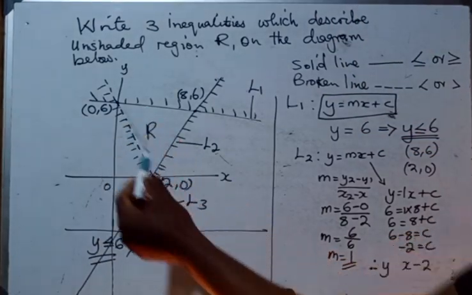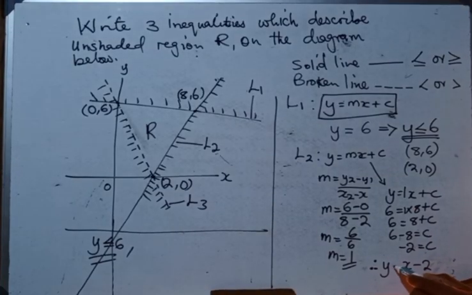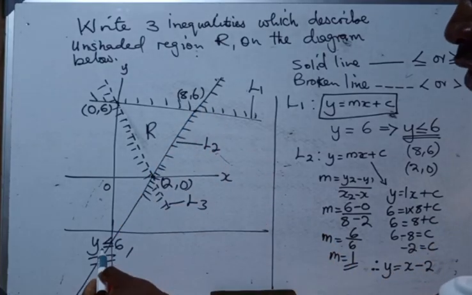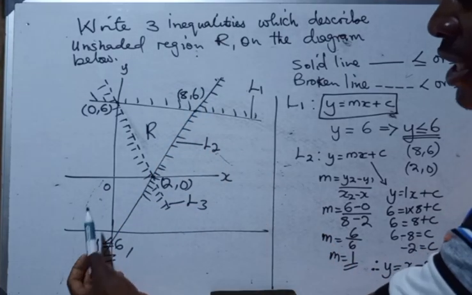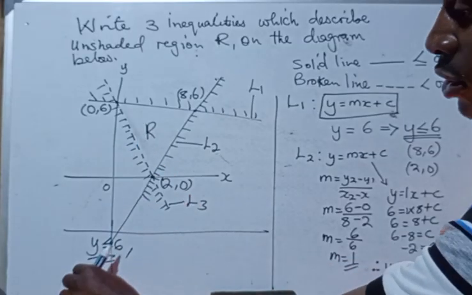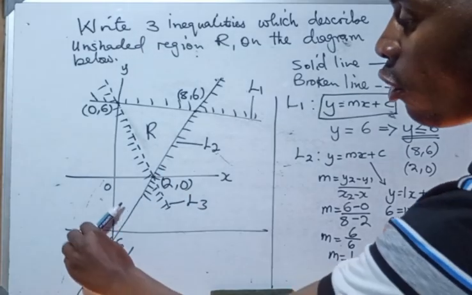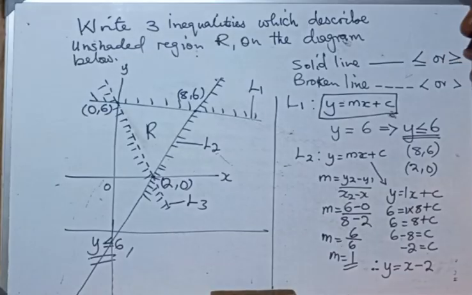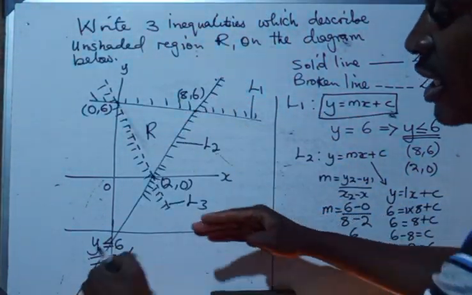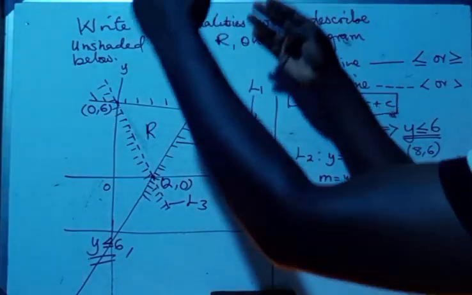Now, remember, the subject is y. So we are dealing with y. Where is the y? We are replacing y with the R. So the R is on top of this line. It is greater, on top.